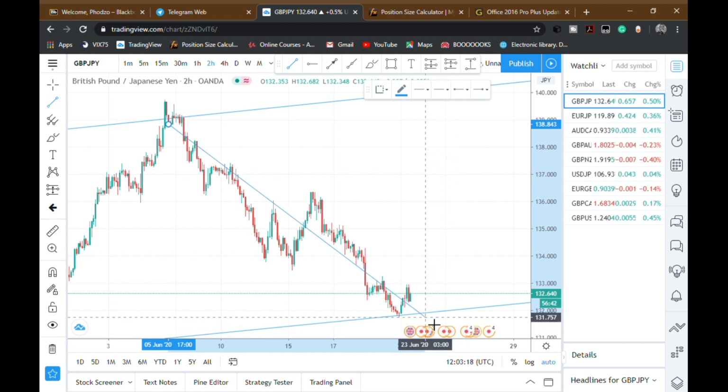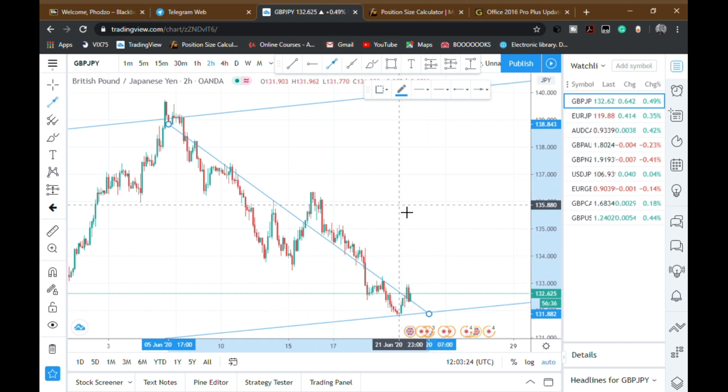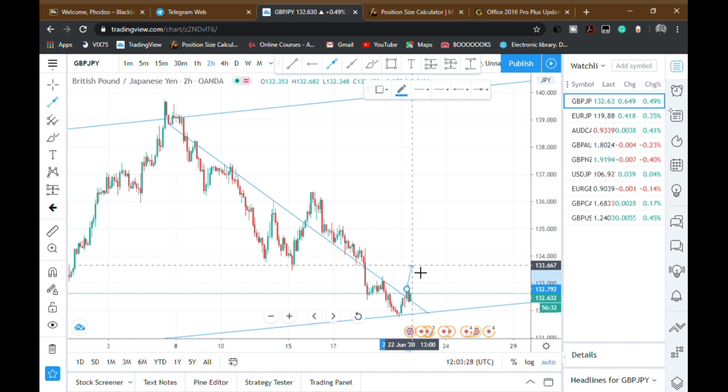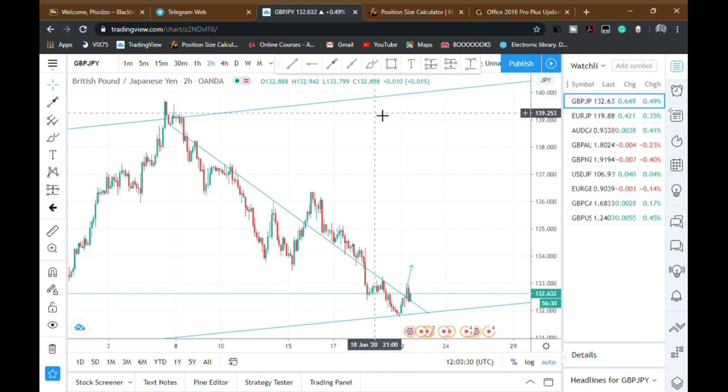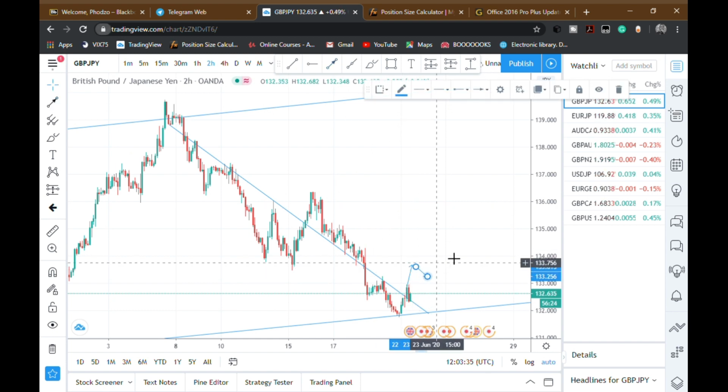So you could say that's broken and still going up, but I want to see something more clear. I want to see a very clear break, then a pull, and then a pullback.